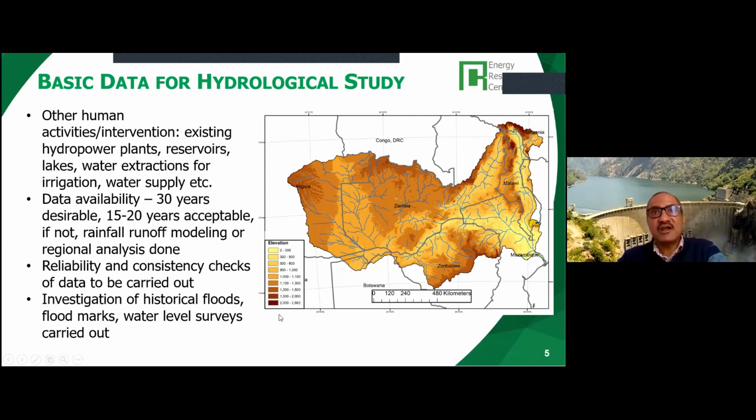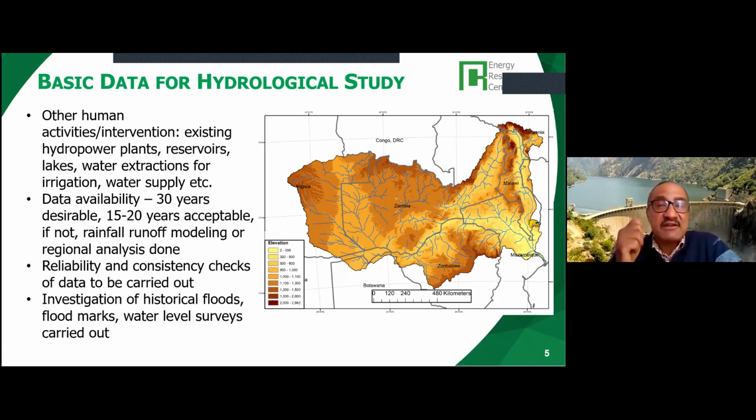And when you talk about flood marks, it is not the flood level that occurs every year. You have to be prepared to manage floods which occur once in 50 years, once in 25 years. For very large projects, you have to design your hydropower projects for a 1 in 10,000 year flood, which means the probability of that flood occurring is once in 10,000 years.